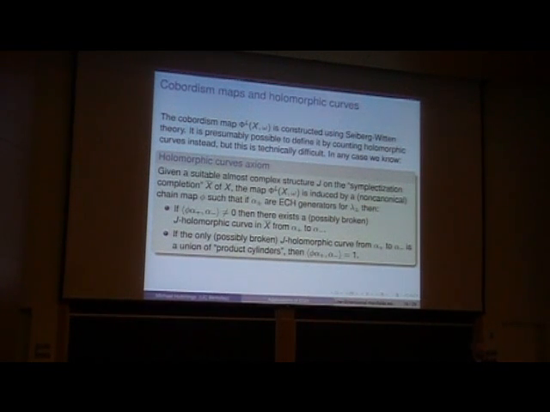I'm not sure how to count these things, but they exist. This cobordism map is induced by a chain map. When the chain map is non-trivial, there exists a corresponding holomorphic curve. And if you have two generators, and the only holomorphic curve is the trivial one, which looks like R cross a Reeb orbit in the symplectization, then the coefficient of the chain map is actually 1. That's enough for the applications.